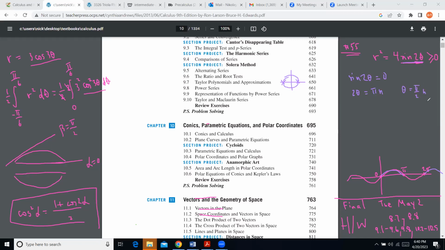So now I have found when r is equal to 0. Remember, we found these so-called poles. And when we have an angle of pi over 2, which is 90 degrees, then we have a pole for the function.